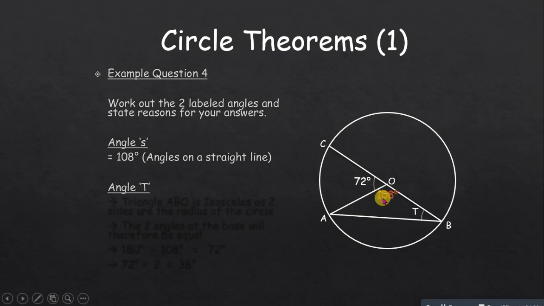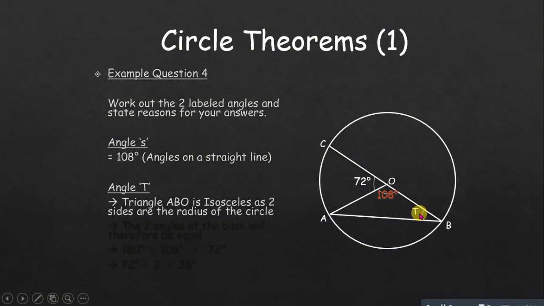Now that I know here to be 108 degrees, I will take this angle plus the other angle here, and that will give me 180 degrees. So you subtract 108 from 180 degrees and divide the result by 2.